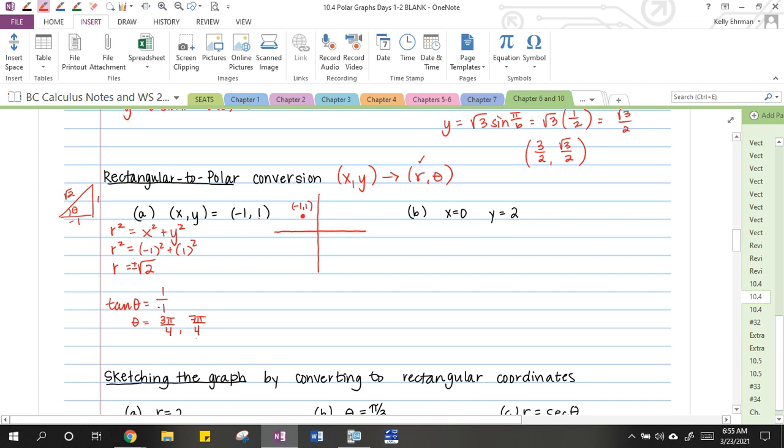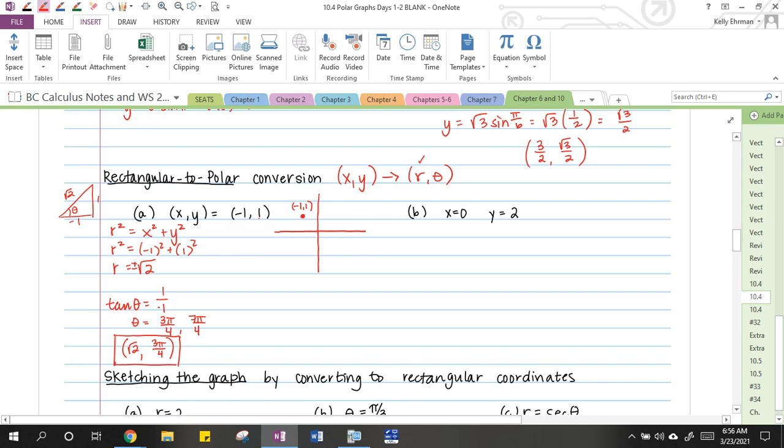And so which one of those do I want to use? Well, the easy answer is to say, this ordered pair is in quadrant 2. So could we face 3 pi over 4, and then go out radical 2 units? Yes, that would work. What about the 7 pi over 4, though?